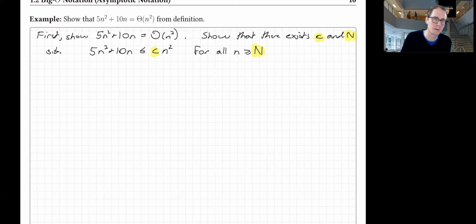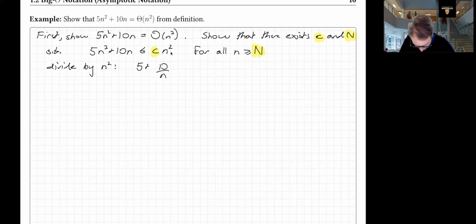One way to deal with an equation like this is to get rid of the common n. So let's just divide by n squared, which might be even easier. And then I get 5 plus 10 over n has to be less than or equal to c. So what are values of n and c for which this holds?